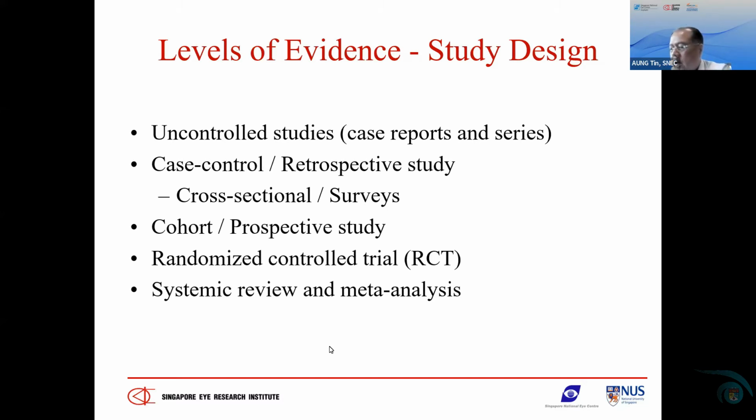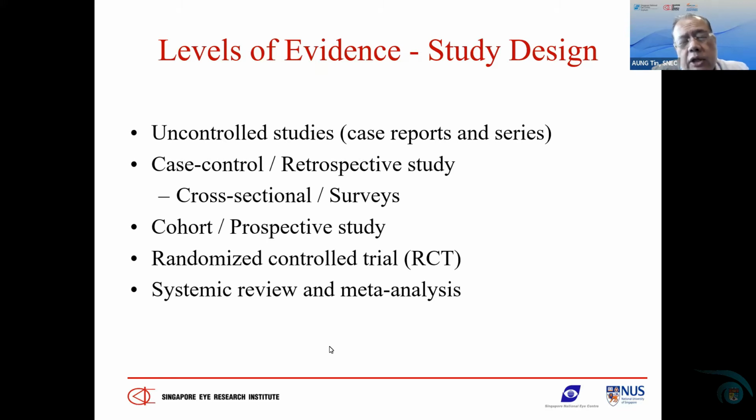Then you have the case series, where you have a bunch of patients who are found to have a certain disease or syndrome. The next level of evidence is a retrospective study, where you look at the past findings of a particular patient or condition, or a case control study. This is the next level of evidence.